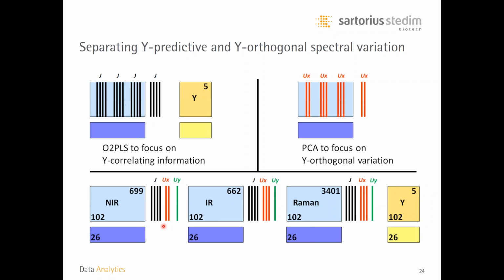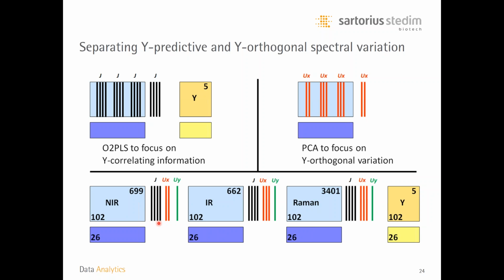When using the O2 PLS method for the first base level model, we get the 4 plus 2 plus 1 model using the O2 PLS notation, and I refer to another recording on O2 PLS if you want to dig into the details of the O2 PLS.